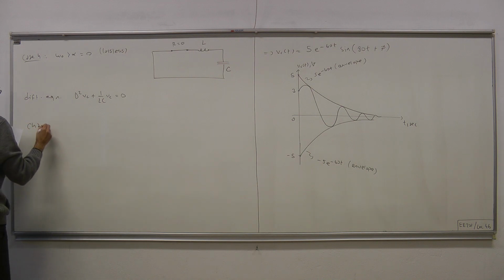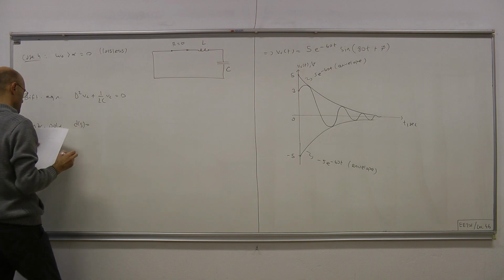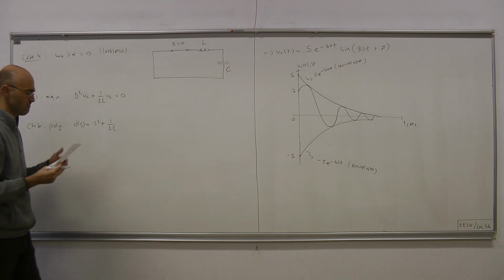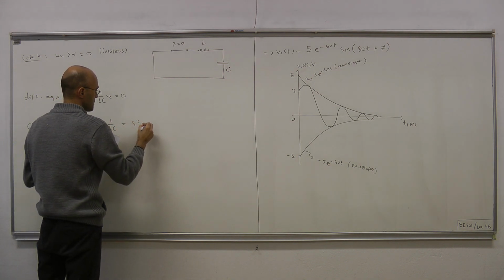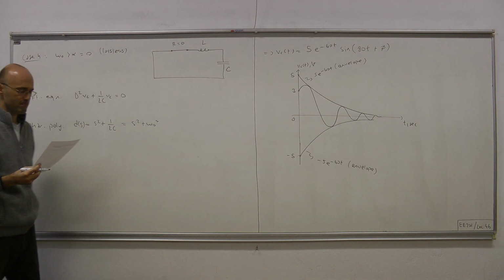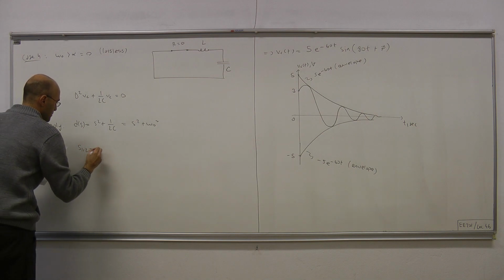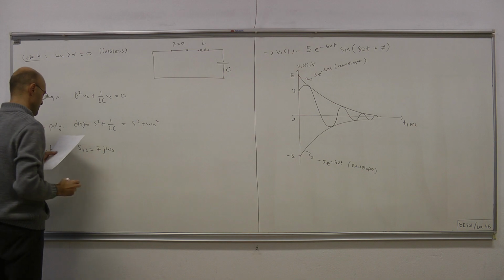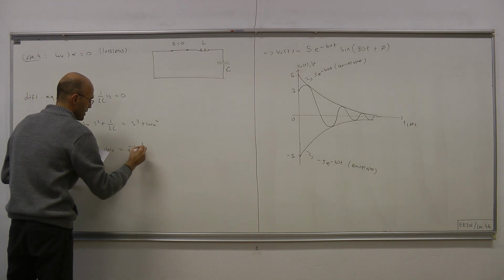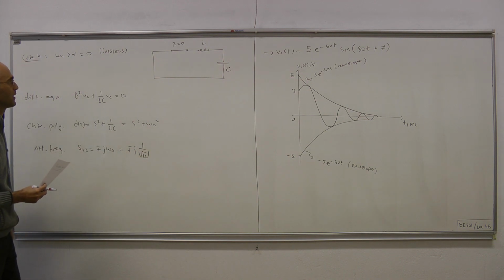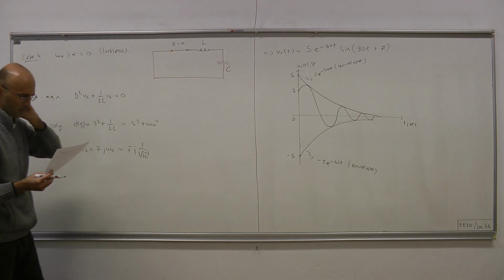The characteristic polynomial d of s reads s squared plus 1 over LC, or s squared plus omega 0 squared. The natural frequencies s1,2 are plus or minus j omega 0, plus or minus j 1 over square root of LC. This is sometimes called an LC oscillator.